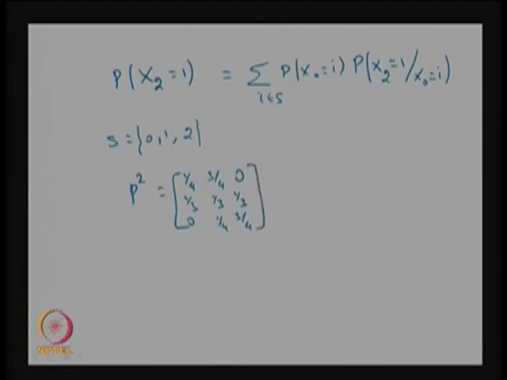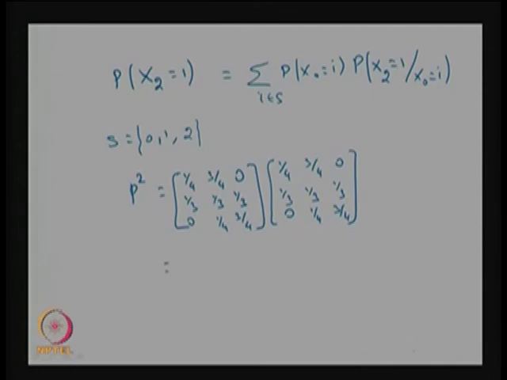So, this is P. You multiply the same matrix with itself, and you find P square.